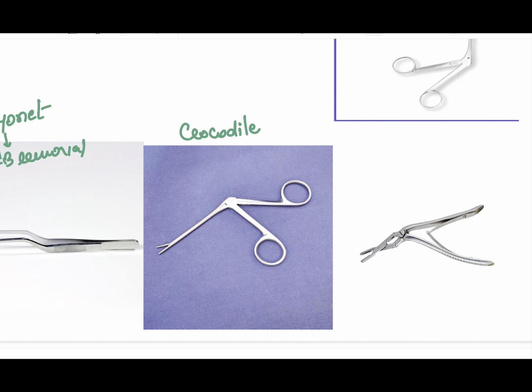This is also used to remove foreign bodies, but because of the hook present at the starting part, this is used for the removal of foreign bodies in children. So crocodile forceps is also known as Hartmann forceps. This is also used to remove foreign bodies in kids.